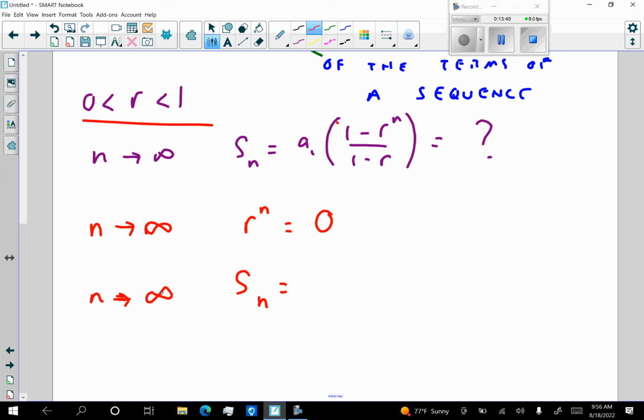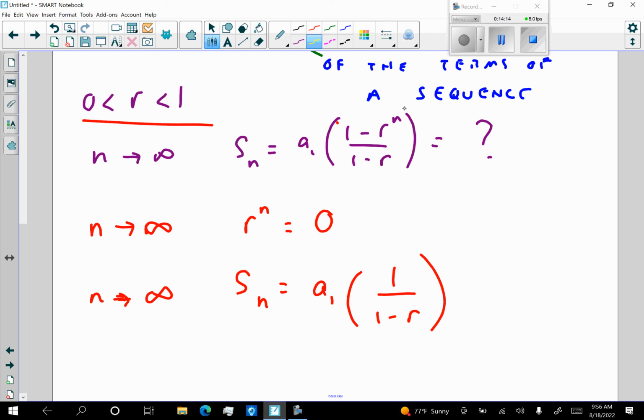True, because as n goes to infinity, if r is between 0 and 1, that goes to 0.